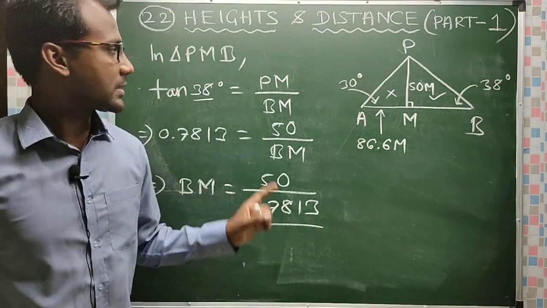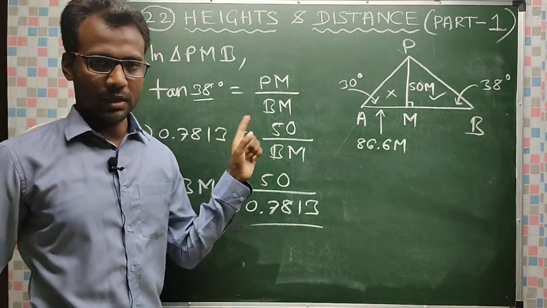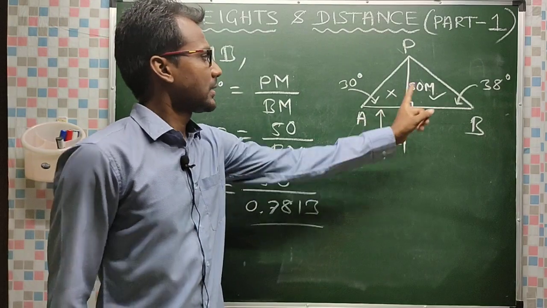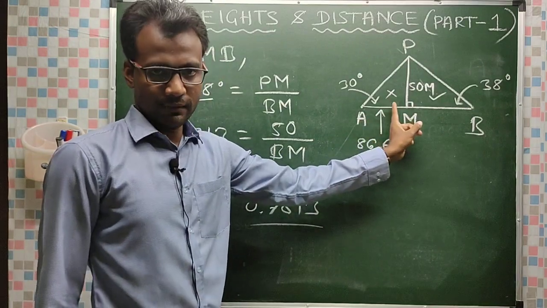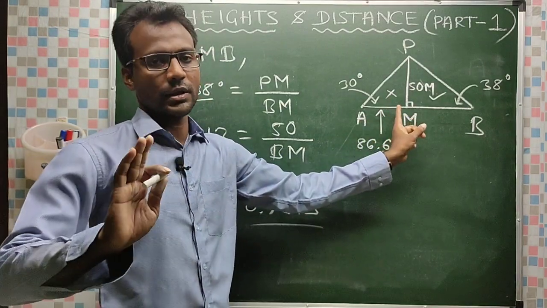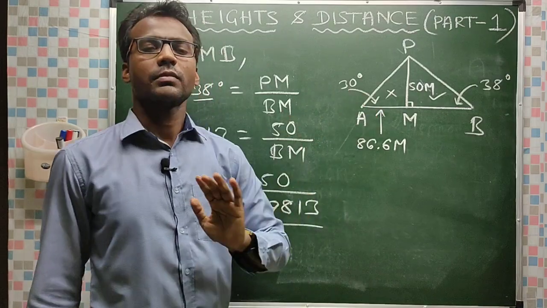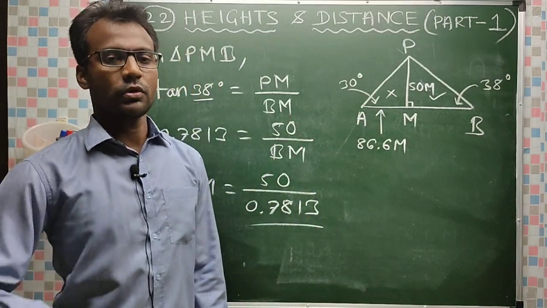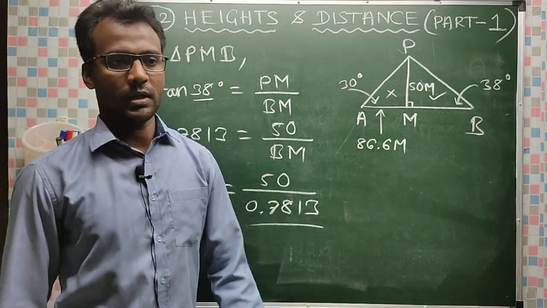You can see why we face a problem here. In the first triangle we used tan 30 degree, but we did not face any problem because 30 degree is a standard angle.